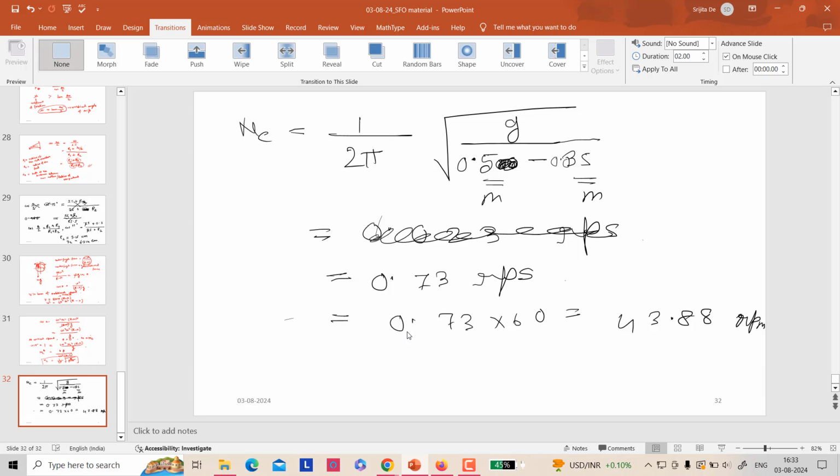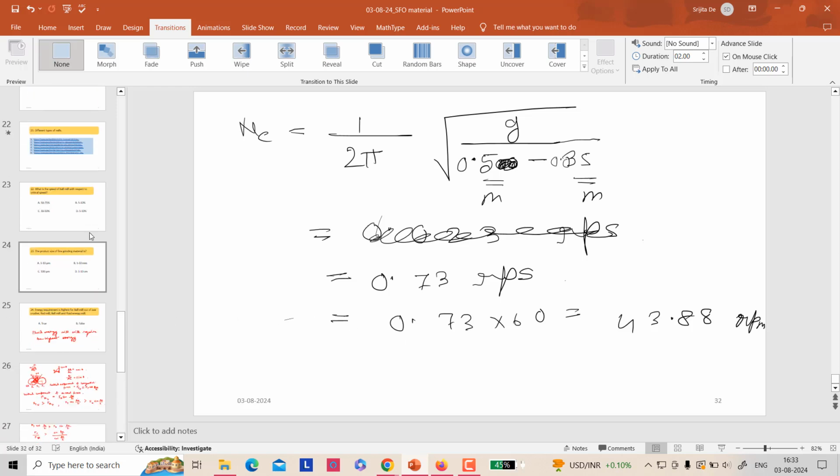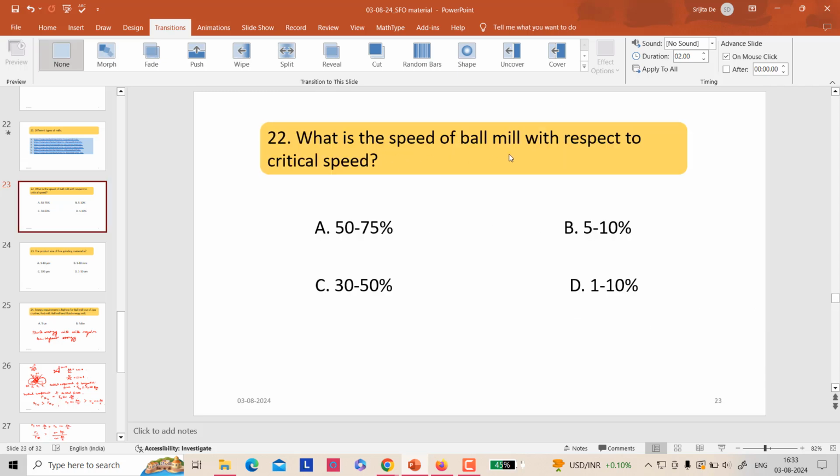It is the critical speed we have calculated, right? If you remember, in one question I have given what is the critical speed of the ball mill. So the answer was 50 to 75%, right? So you have to calculate with that.